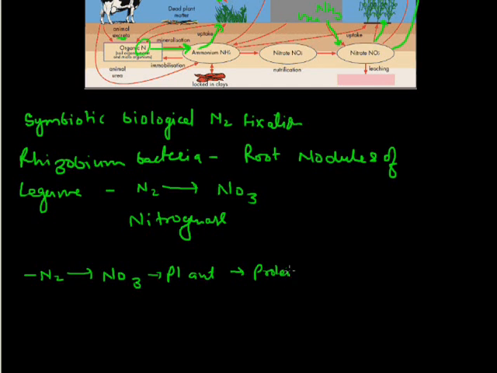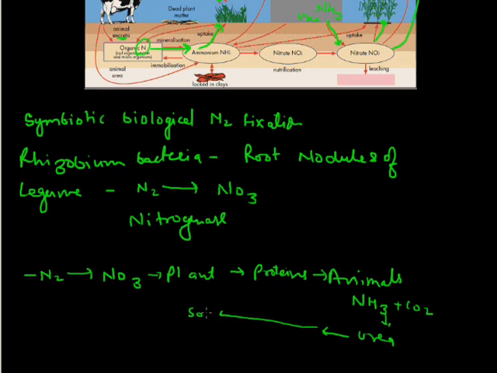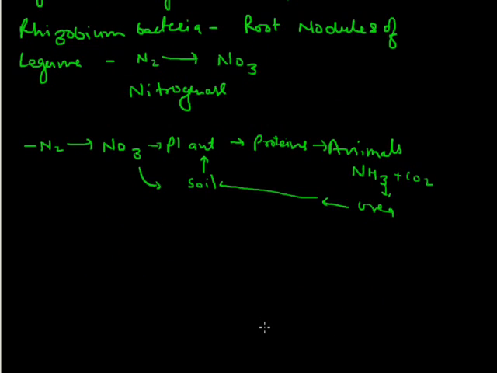Proteins are utilized by living beings or animals, and animals convert this nitrogen into ammonia, and ammonia plus CO2 finally converts into urea, which is excreted and mixes into the soil, and the soil converts this nitrate for the plant. So this is the nitrogen cycle in nature, which is helpful for the growth and development of living beings.